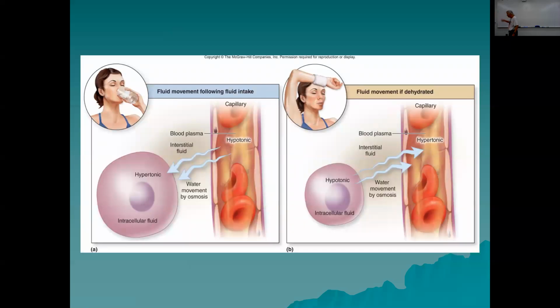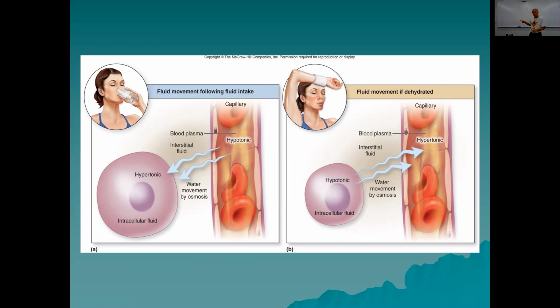Okay, so this is the important reason why fluid has to be regulated. Why we have to have fluid balance, because you remember those terms: isotonic, hypotonic, hypertonic.